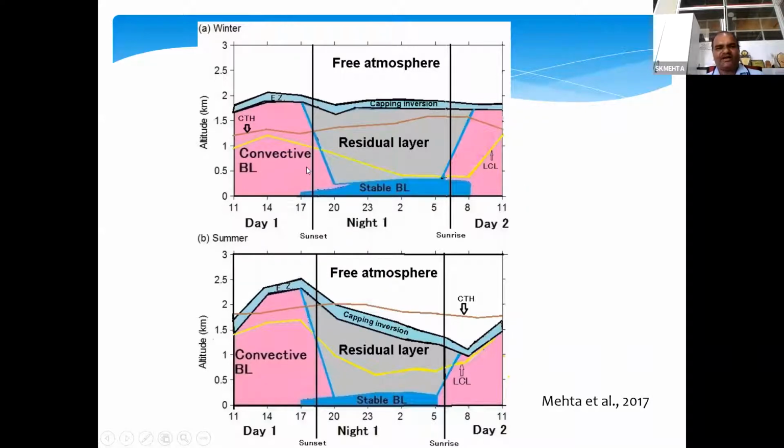Along with that, there will be the residual layer during night time, and you have the entrainment zone and capping inversion.